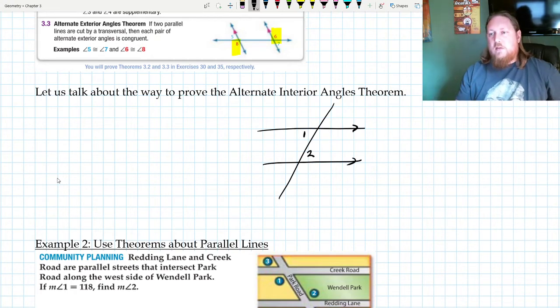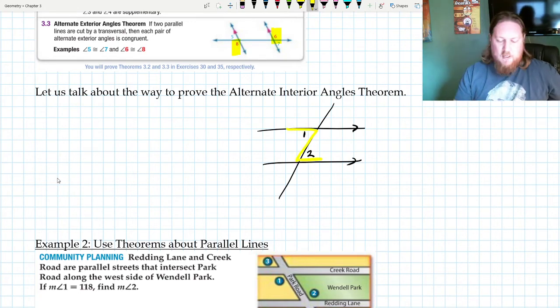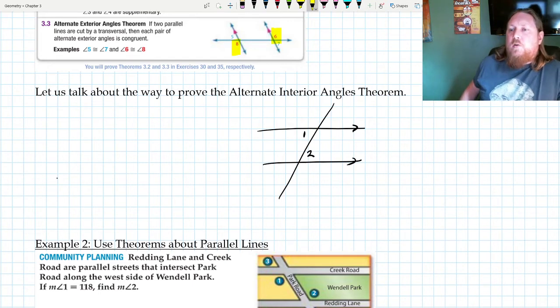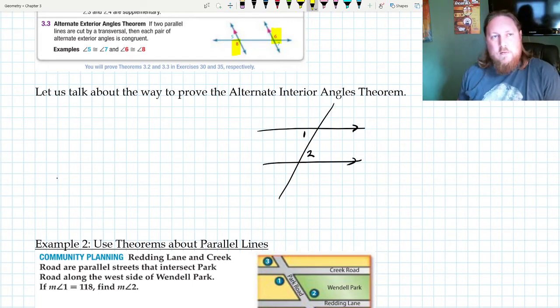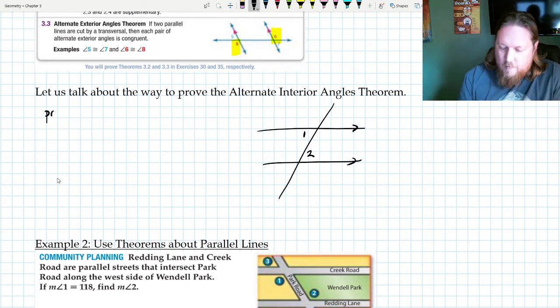And I always like the alternate interior angles because it always reminds me of making a Z shape, which is kind of handy to imagine real quick. So we would want these two angles to somehow be proven that they are congruent. So that's our goal. Prove angle 1 is congruent to angle 2.